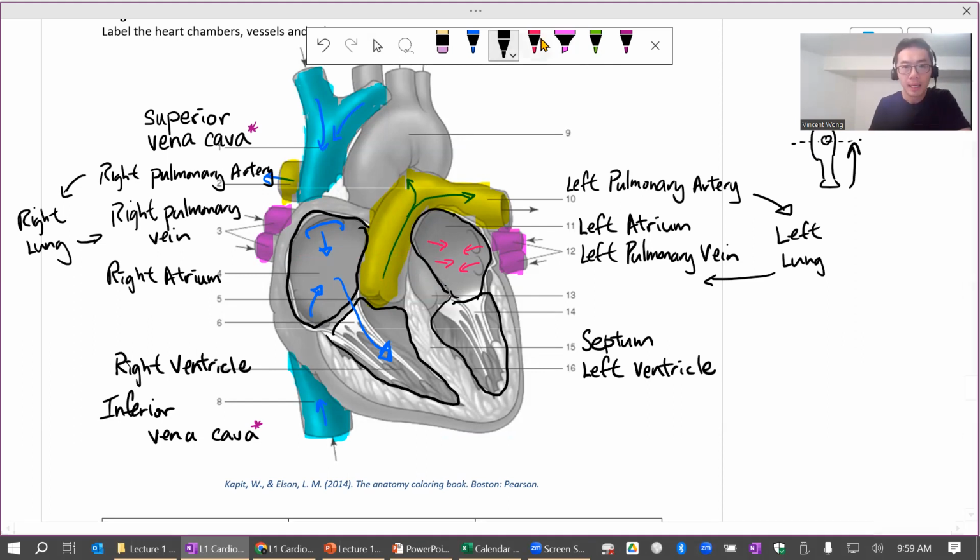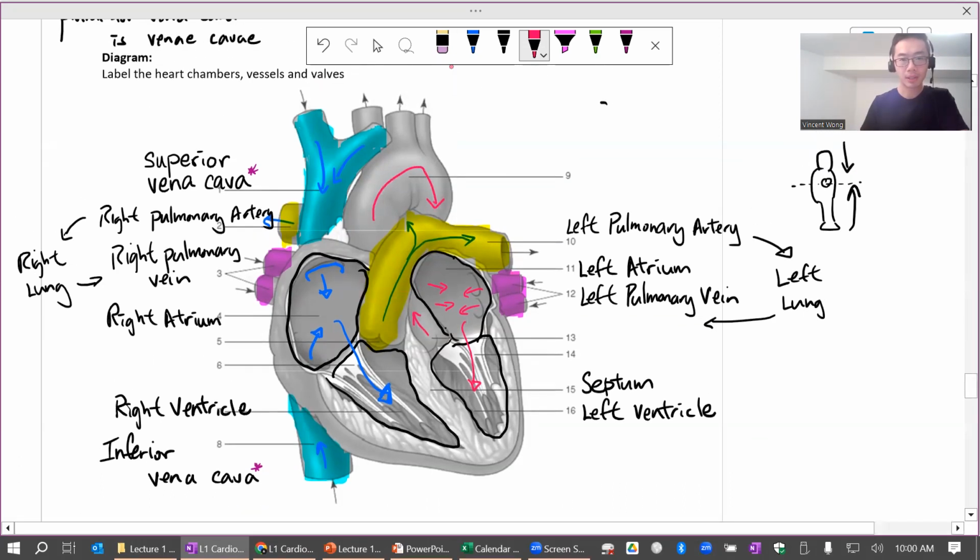All right. Then the blood is gonna go down to the left ventricle. And then it's gonna go up this final structure. It's gonna arch down, and then it's gonna go up like this as well.